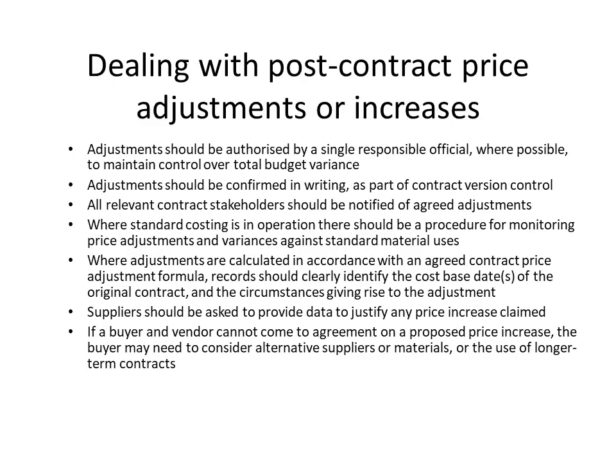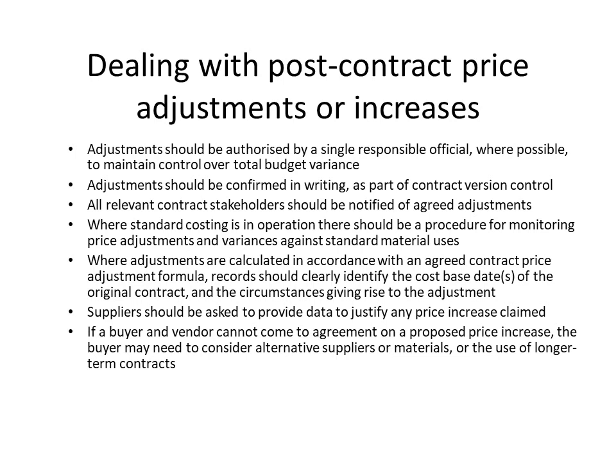So how do we deal with post-contract adjustments or increases? Well, they need to be authorised by a single person. Adjustments need to be confirmed in writing. Contract stakeholders should be notified of any agreed changes. If we're using standard costing, there should be a procedure for monitoring these adjustments.